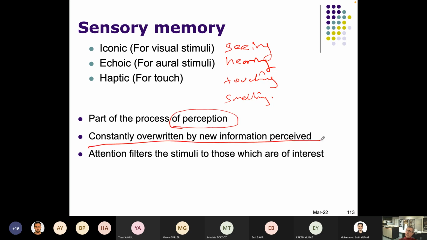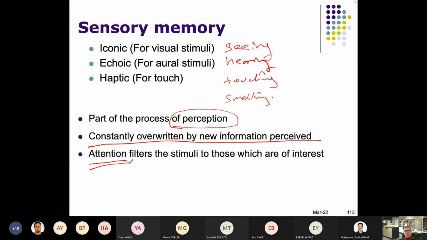Constantly, new information overrides the previous information, and when you pay attention, for example, for the hearing, there is a filtering going on.